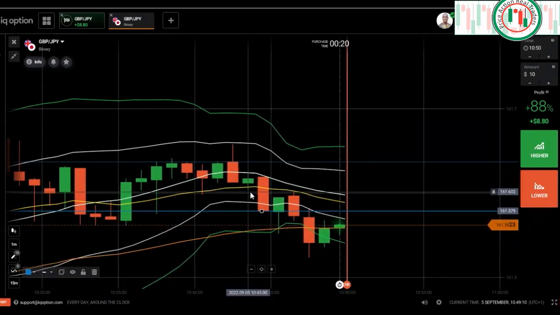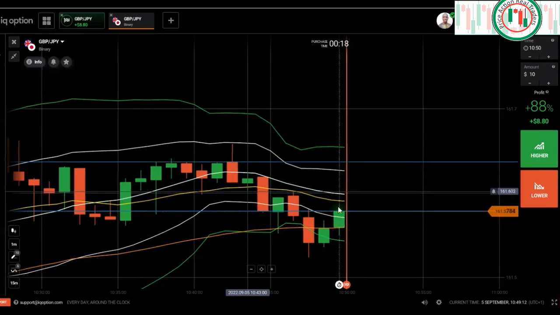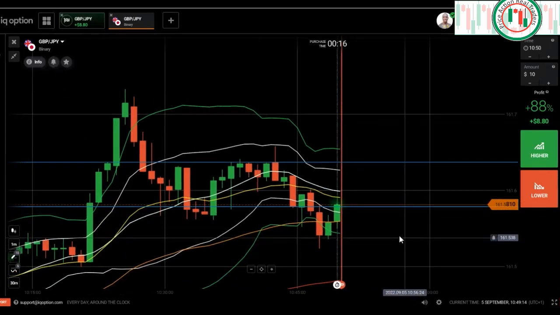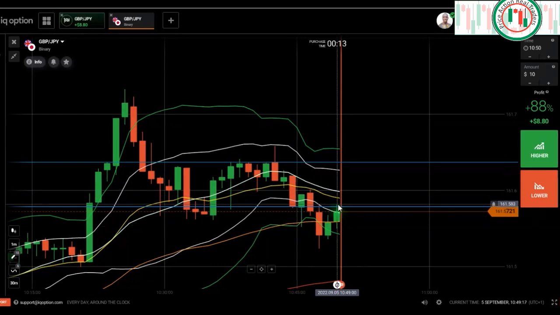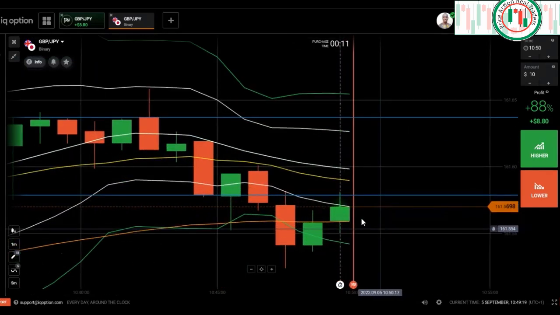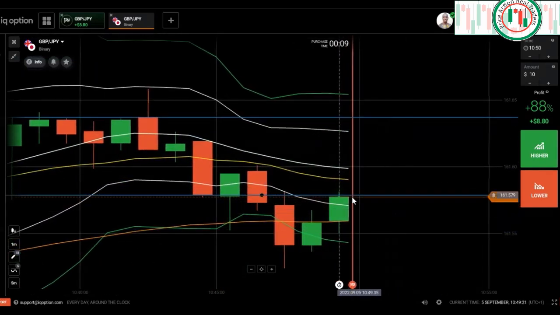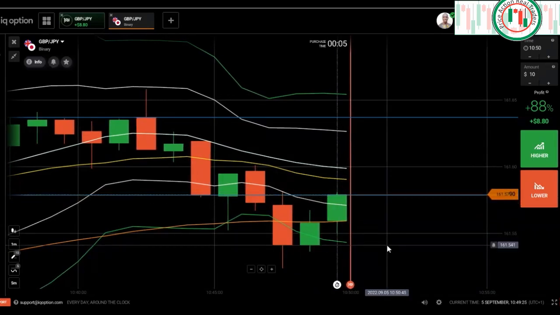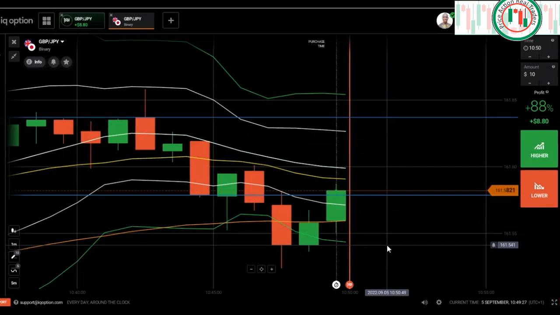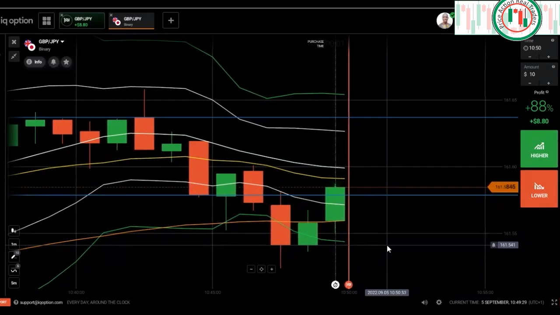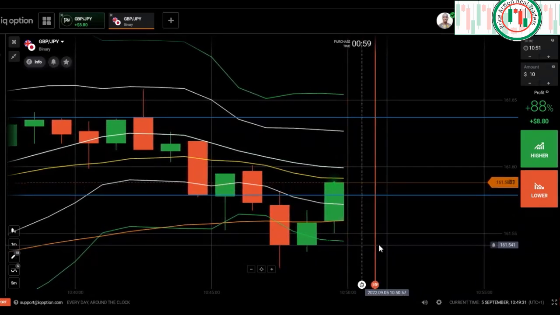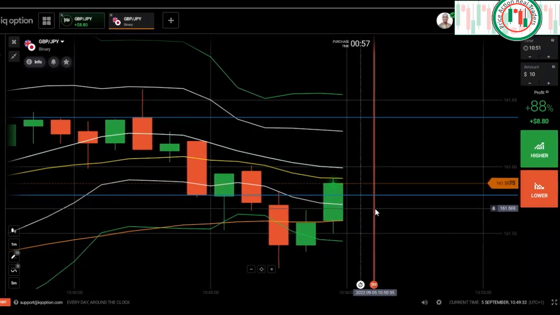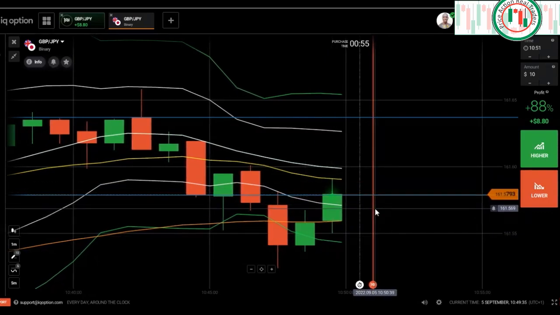Don't place your trade if market touch. You see market is trying to close inside my zone. You see rejection. You see this candle is very strong, so I will wait.